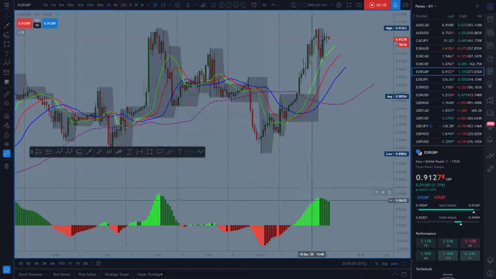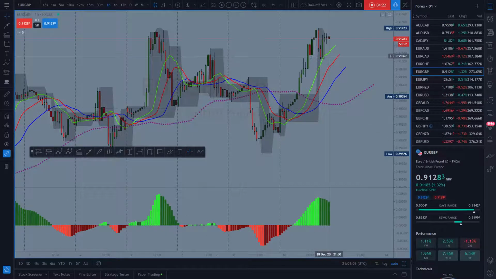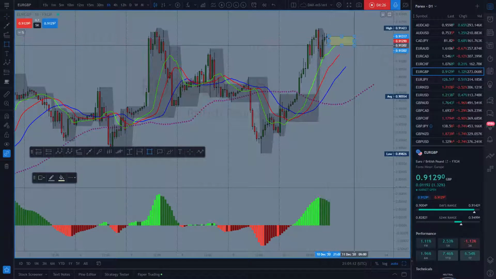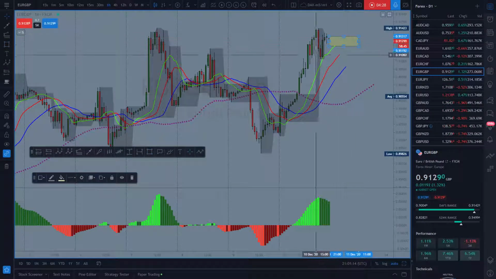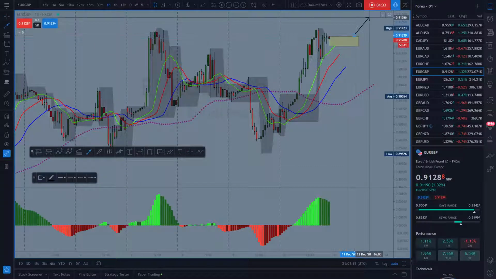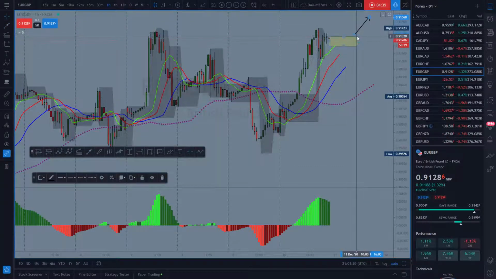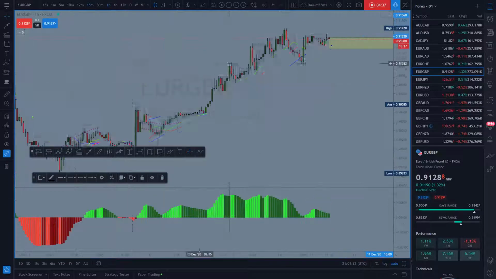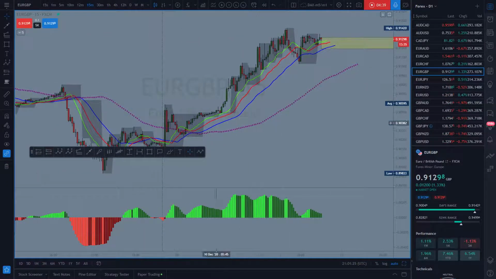Euro pound. Euro pound right now is in a 3 up. So what we want is tomorrow on M15 we could have a famous setup. If it stays within this box and goes sideways, we probably will get a breakout up there around Frankfurt Open. On the M15 chart, it would look something like this.